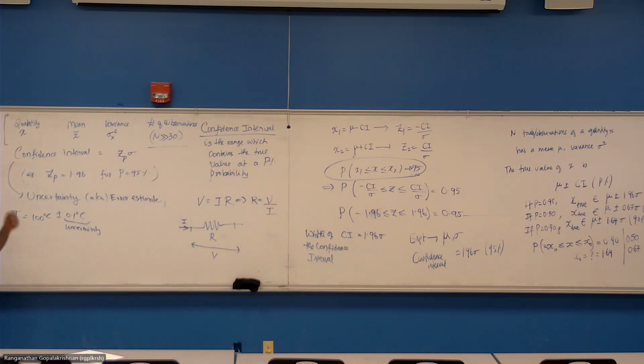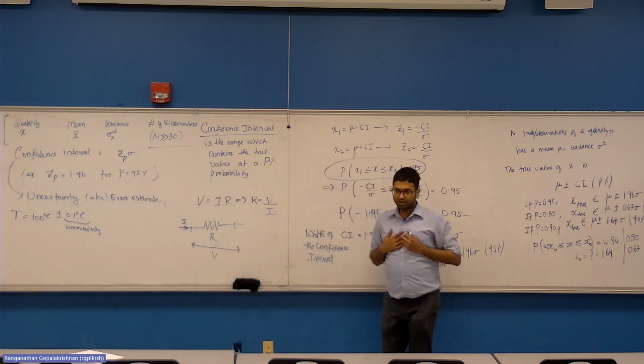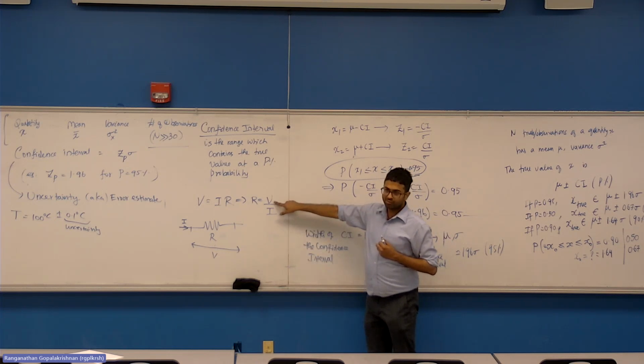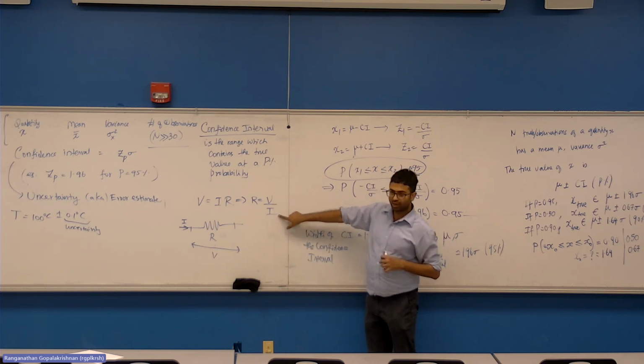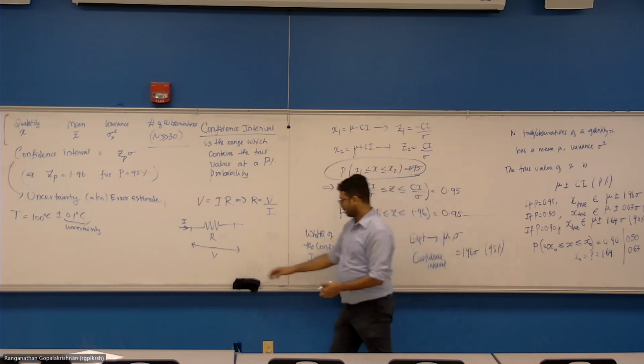Right? This is not a theoretical calculation. I'm talking about a measurement where you are in the lab, you do a voltage measurement, you independently do a current measurement and then you take their quotient and get a resistance. Okay?